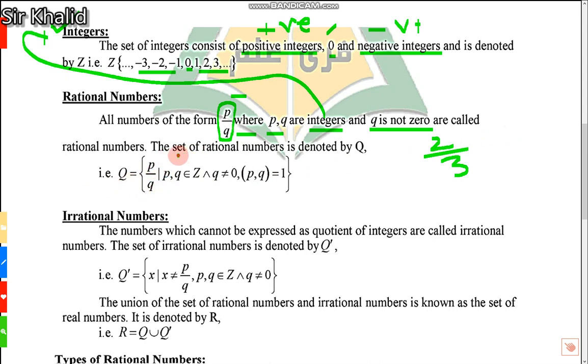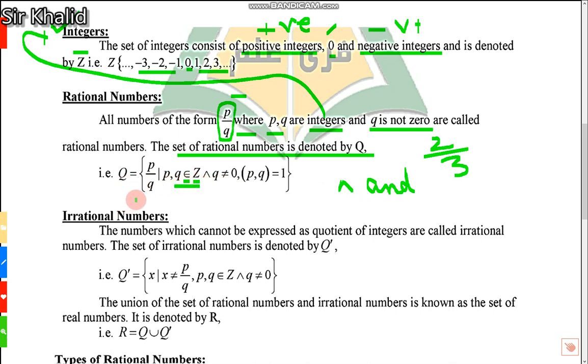The set of rational numbers is denoted by capital Q. So Q is equal to P over Q, where this line means such that, P and Q belong to Z, and Z means the set of integers. This sign means and.